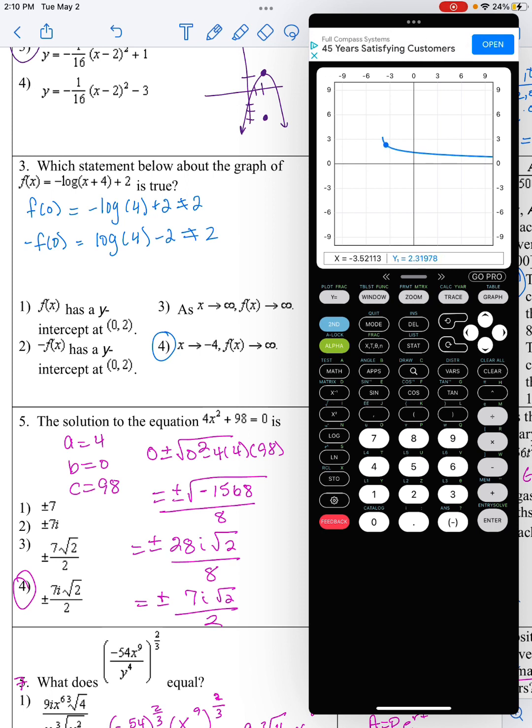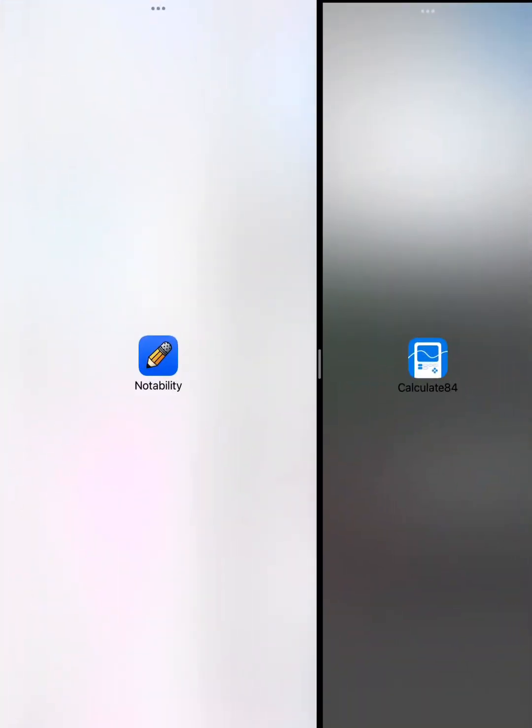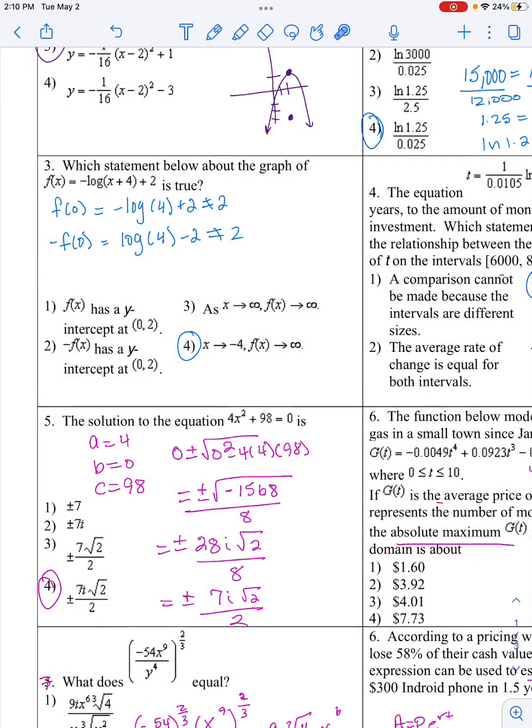It's just not going to cross over that vertical asymptote. We're also going to see how if I was to solve for the y-intercept, f of x does not have a y-intercept at (0, 2), and negative f of x does not have a y-intercept of (0, 2). As x goes to positive infinity, f of x goes to negative infinity. So the correct answer is 4.